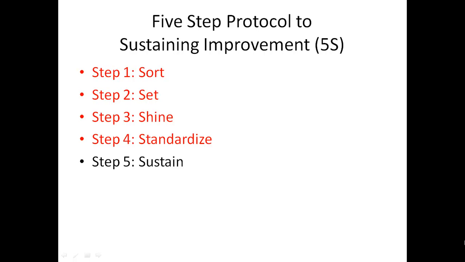But as you work in the flipped classroom environment, again, you have to have some kind of a protocol to figure out what am I actually going to be doing here in my classroom, and how can I work my way through sorting and setting, shining, and then standardizing what works in mathematics instruction. And then finally, once we get to that point where we've got data and it really supports what you think is going to be great, then you go ahead and sustain that.